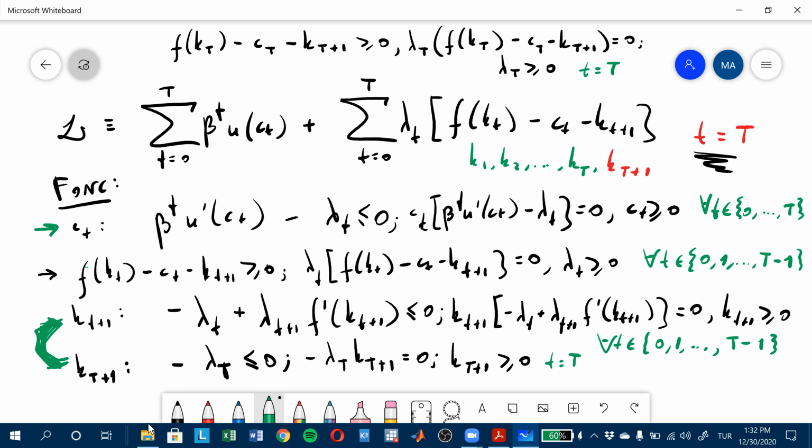Do you have any questions? As you see, the sequence approach is a bit messy, but we're gonna learn something very useful out of it. Any questions? So far, what we are doing is just nonlinear programming you learned in the first week of this semester.